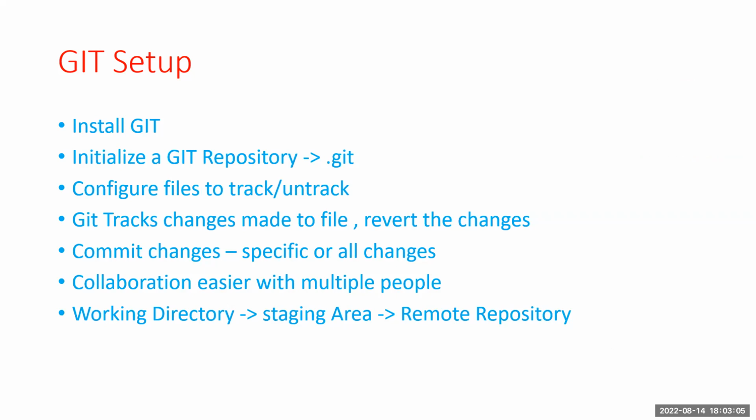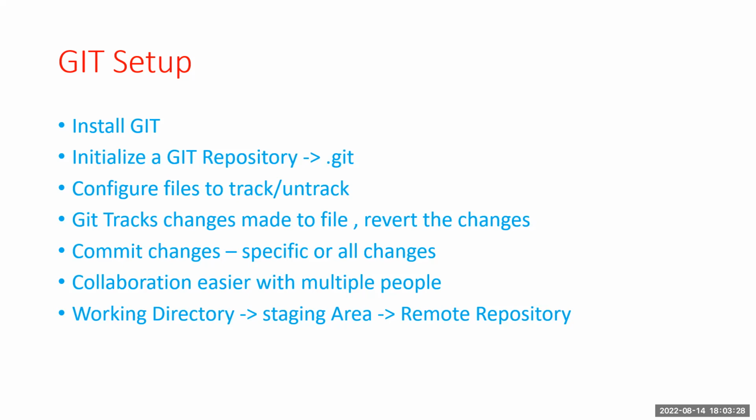You'll see a hidden file named .git in the folder. That signifies that the folder is part of your Git repository. If somebody deletes this .git file, then your directory behaves as a normal directory.